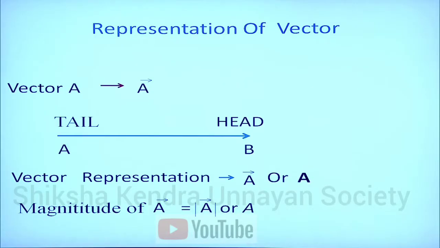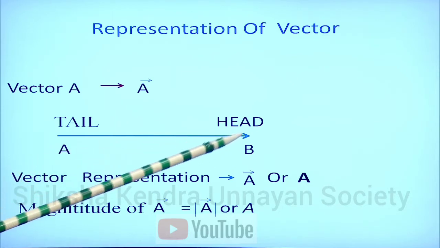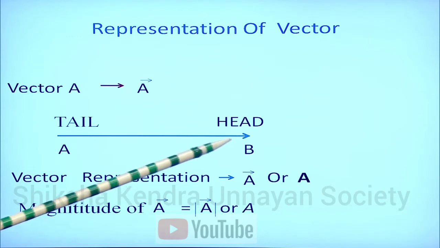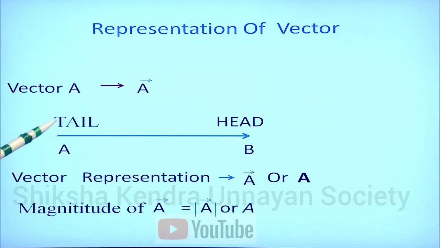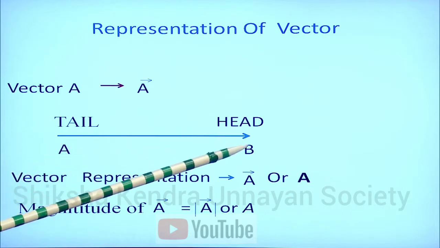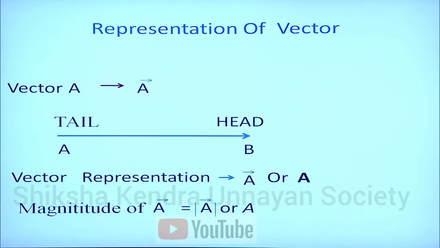When we represent a vector, we represent it as a line, as you can see on the screen. Suppose a vector A is represented by a line with an arrow. The initial point of A is known as the tail and the final point is known as the head or tip.